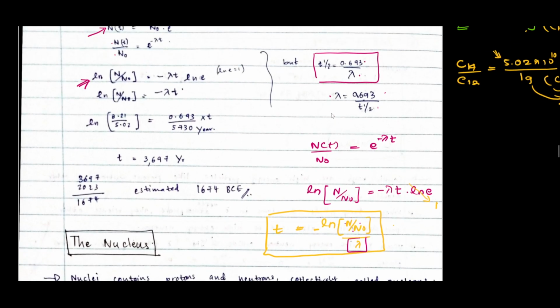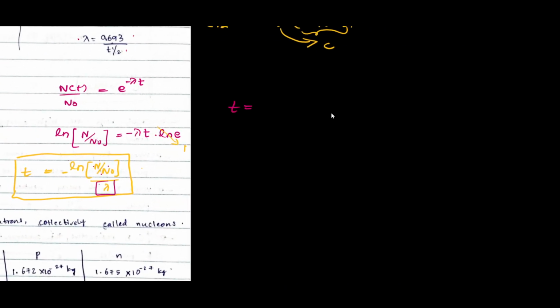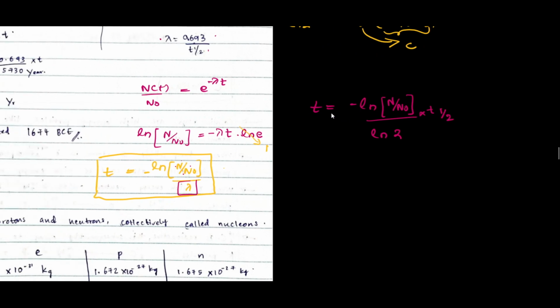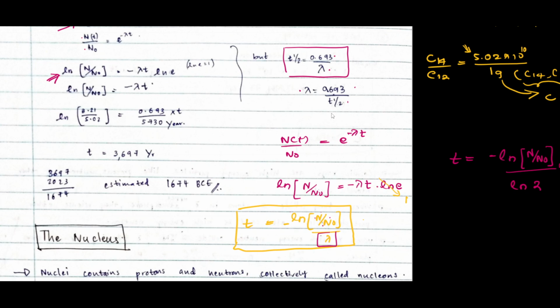So, instead of lambda, t is equal to minus ln N over N naught over lambda, and instead of lambda we can write ln 2 over t half.